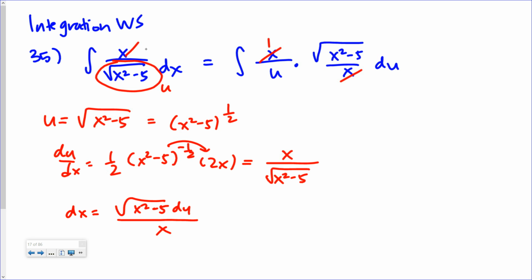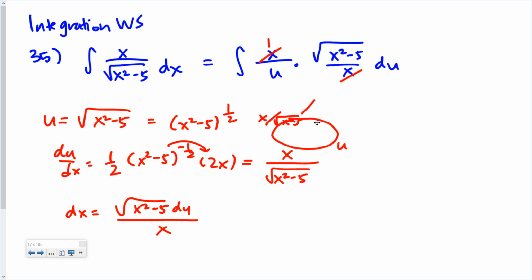So if I divide this by x over the square root of x squared minus 5, the x's cancel out, but do all my x's cancel out? No. So therefore, this is not an ln problem, meaning I cannot make u the entire bottom. That would be incorrect.